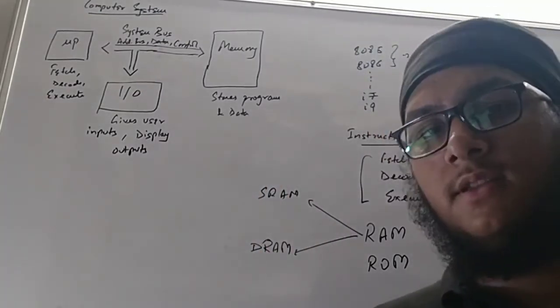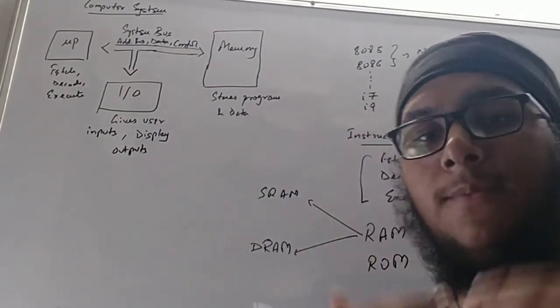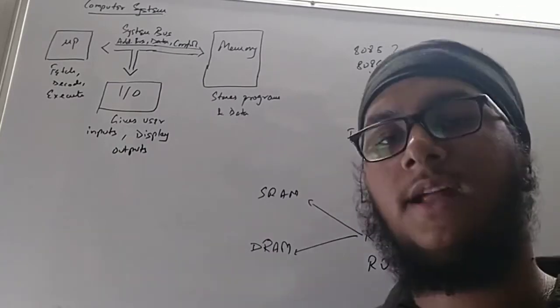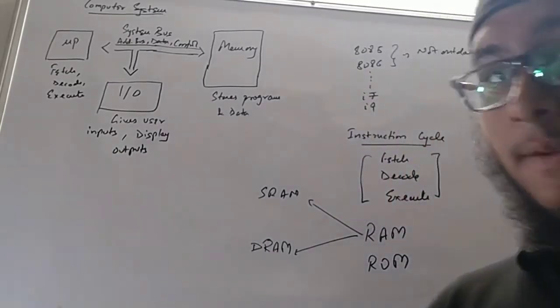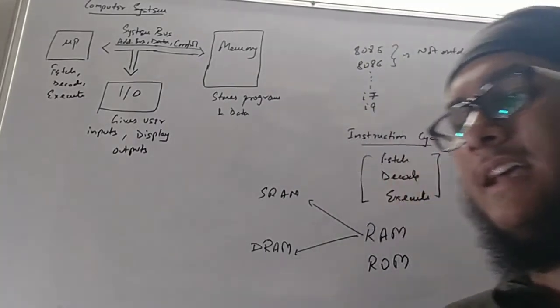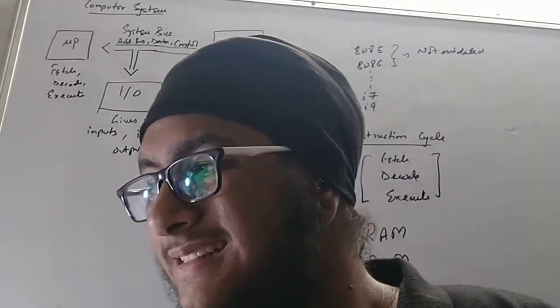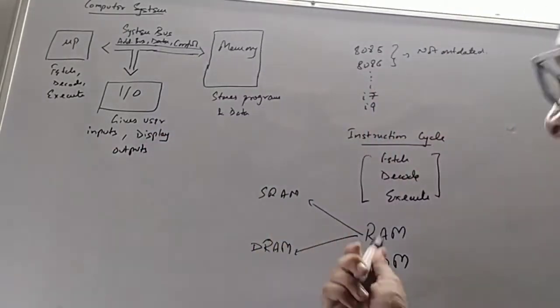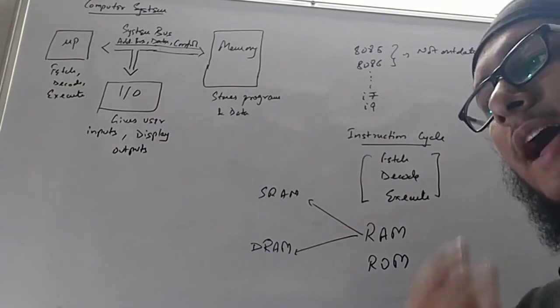I think you're familiar with the series of bits, nibbles and bytes, and further KB, MB and so on. We'll talk about that in a separate video. There are various forms of memory devices. The main memory, also called the primary memory, consists of RAM and ROM.